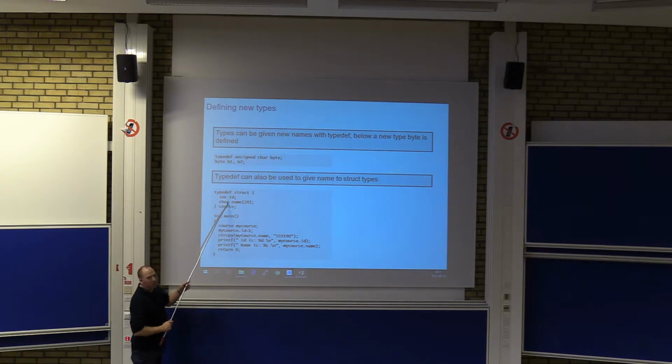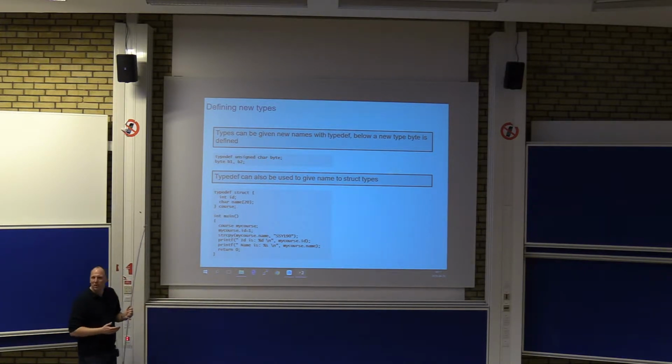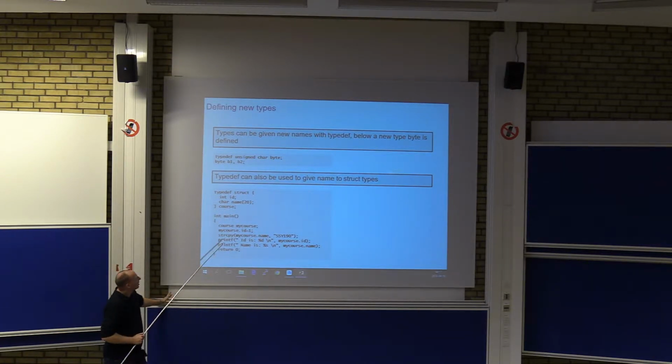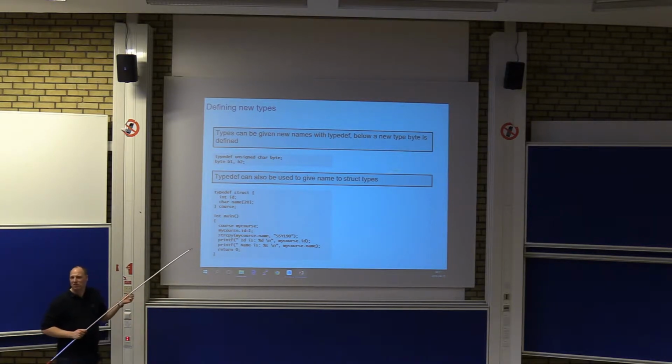I put these two together in a struct, and then I use typedef to define a new name for this struct type that I defined. I call it course, or course type. So now, after this, you can create variables of this type course.